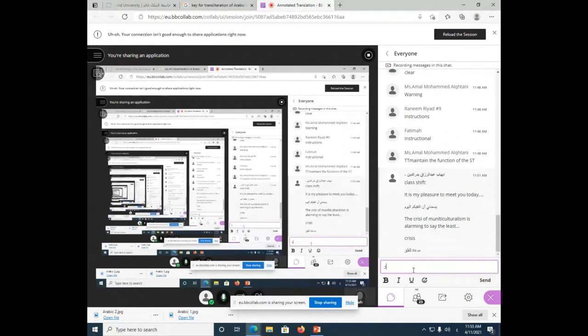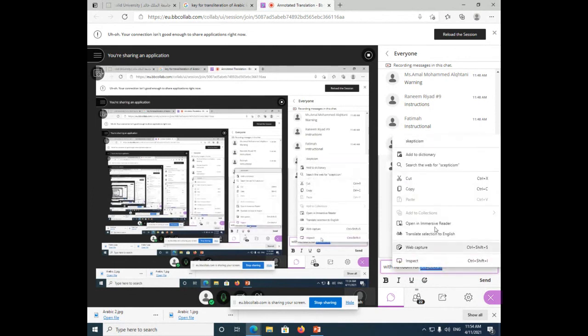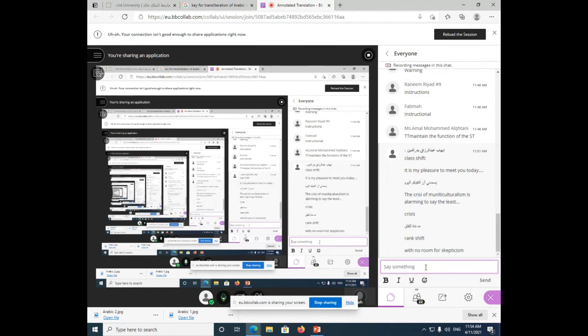طيب. We have also something else called rank shift, also according to Catford. Here a sentence is translated into a different structure or phrase. For example, "with no room for skepticism."